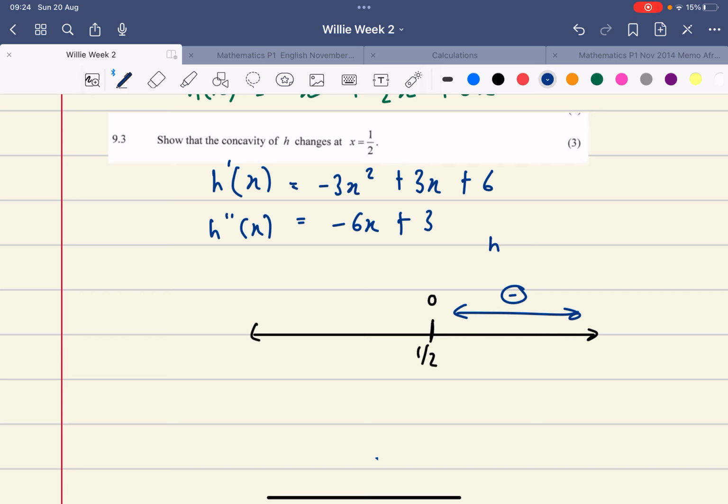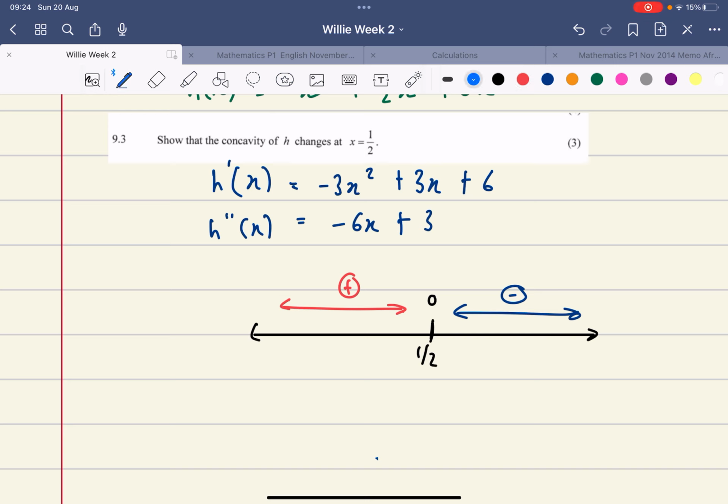If I, for instance, took h double prime of 1, we'd get minus 6 times 1 plus 3, which is minus 6 plus 3, so minus 3, so it's negative. And then, of course, as you go down the number line, it will become more and more negative. Whereas to the left of x is equal to a half, the second derivative function is positive.